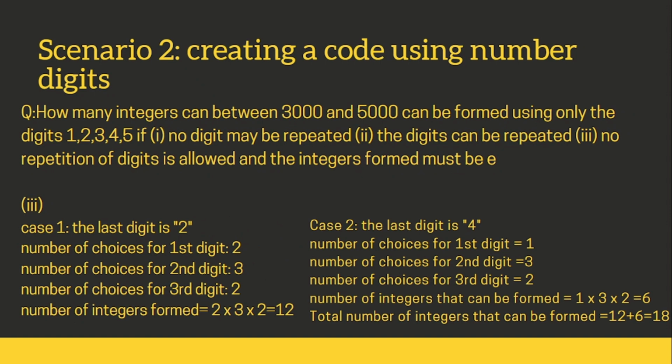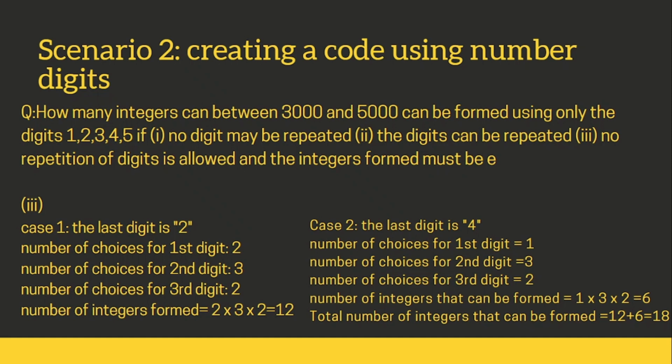How many integers can be formed given that it's an even number? To make it an even number, we have 2 scenarios. The last digit is either 2 or the last digit is 4. For case 1, the last digit is 2. We still have 2 choices for the first digit, it can be 3 or 4.